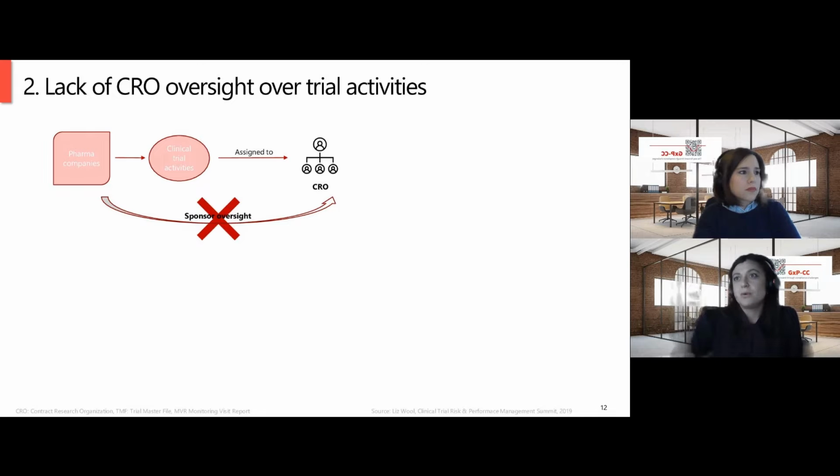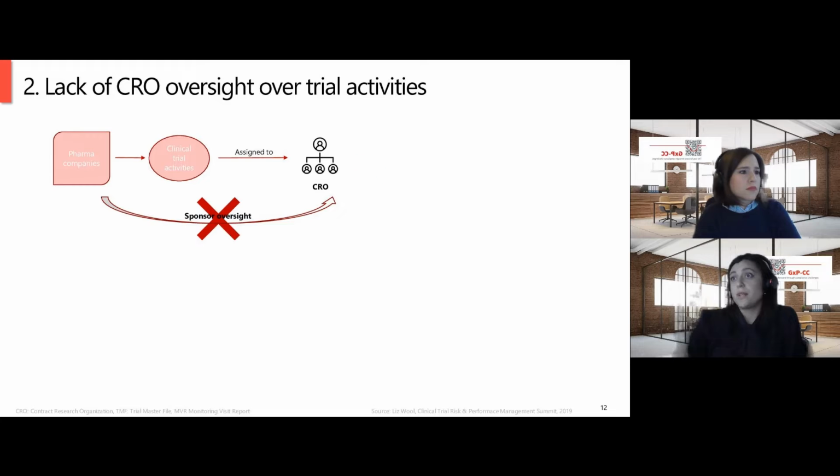And with this, I will go to the second case study, which is what happens if we have a lack of sponsor oversight. So it's again a clinical trial and a pharma company that has assigned the clinical trial activities to a CRO. In this case, it's not specified what kind of CRO, if it was qualified or not.